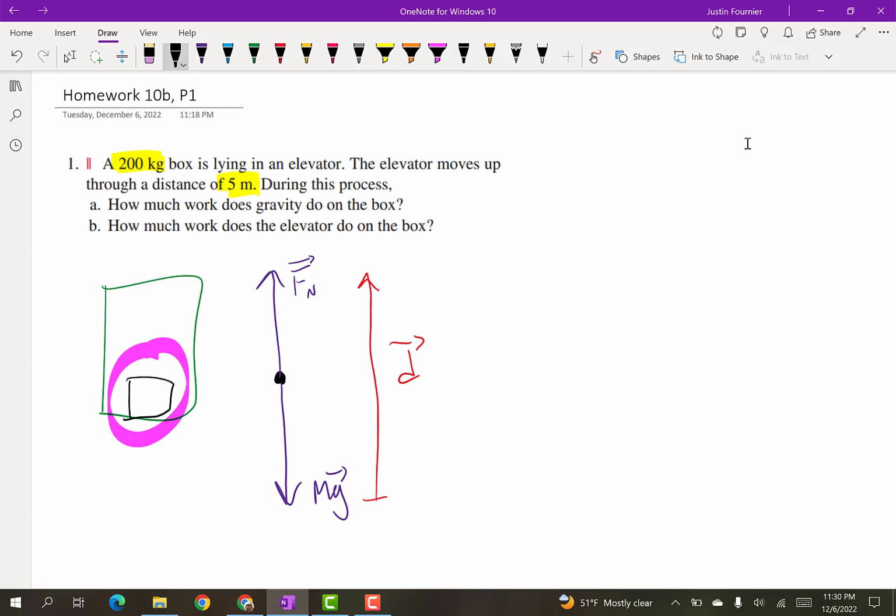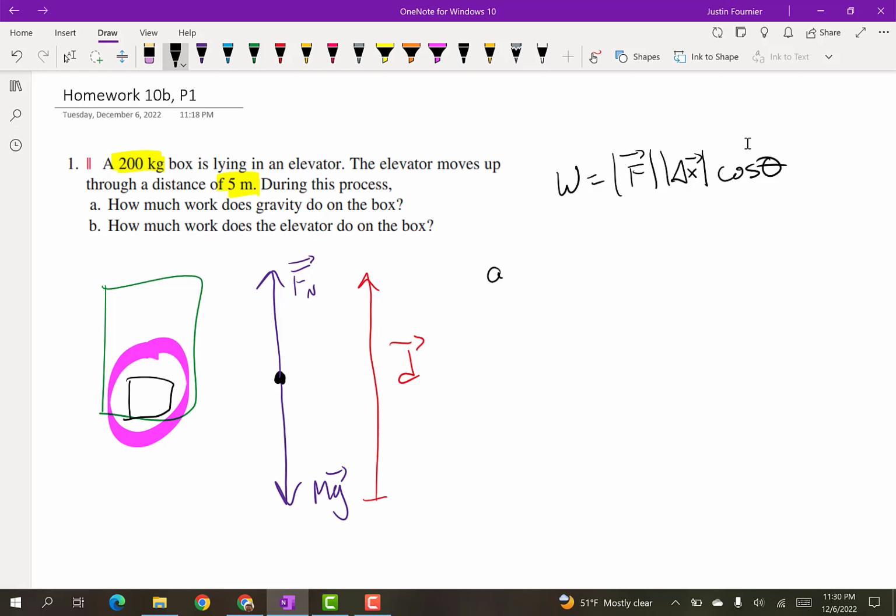So again, work is really just the magnitude of the force times the magnitude of the displacement times cosine of theta, where theta is the angle between the force vector and the displacement vector.